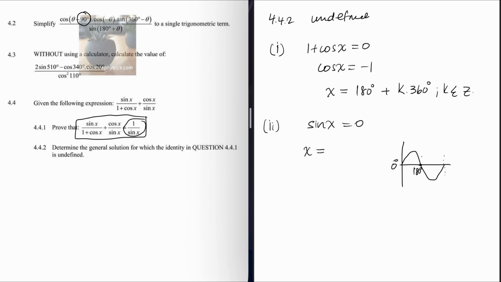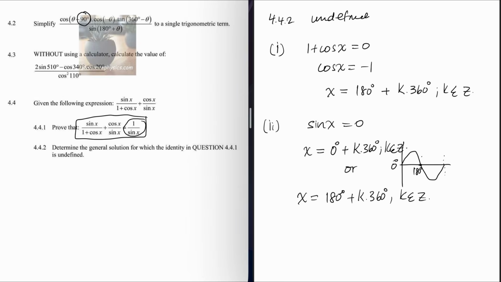So it's k 360, so we don't need to write that one. So here we're going to have 0 plus k 360, and k is an element of z. Or the other solution is going to be x is equal to 180 plus k 360, and k is an element of z.